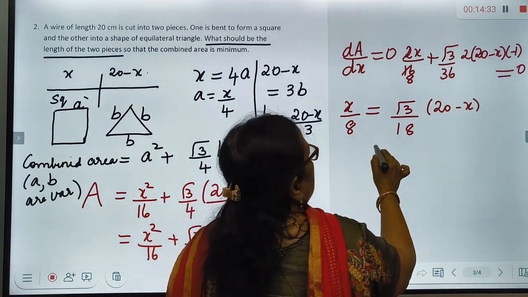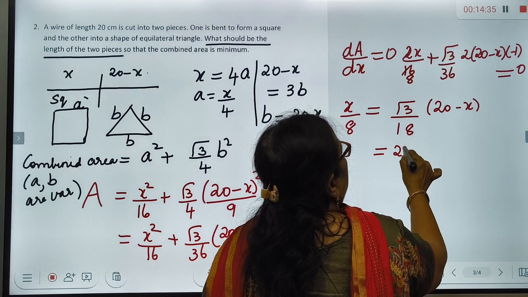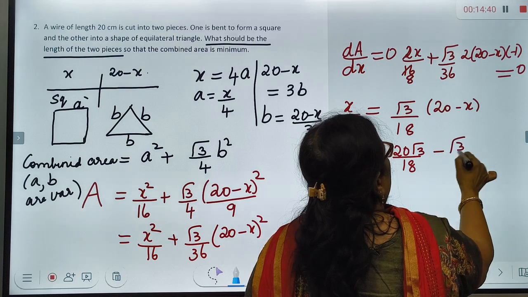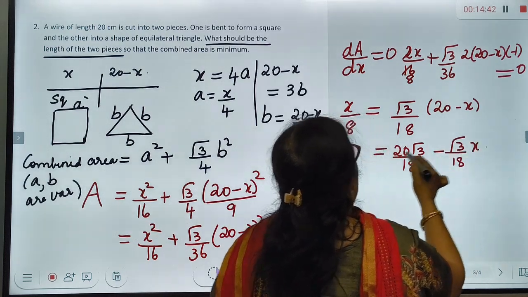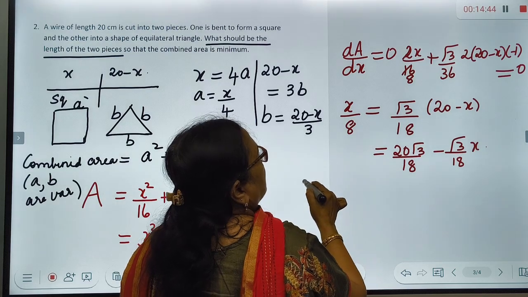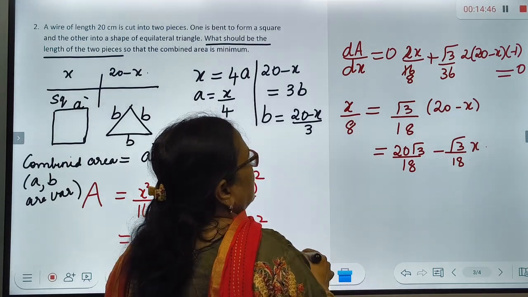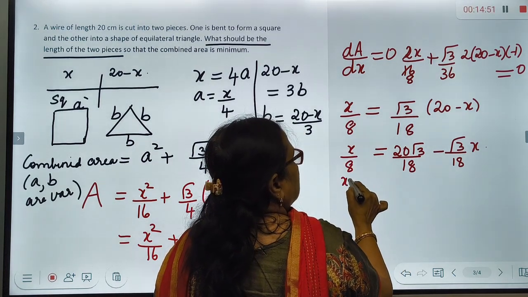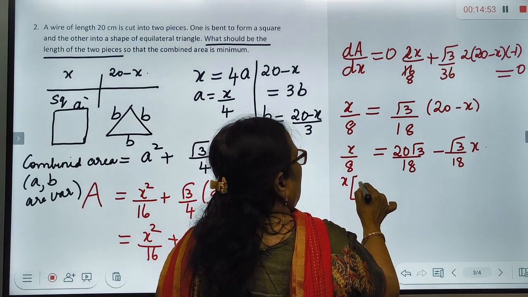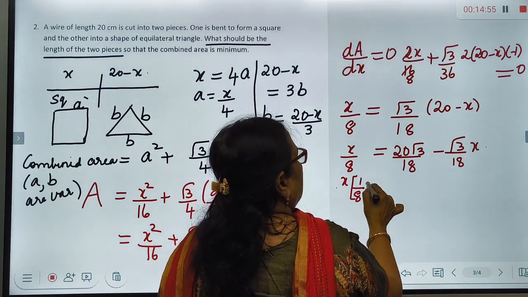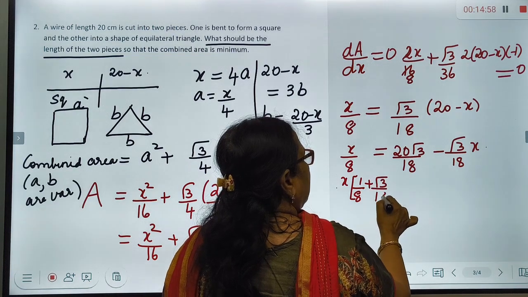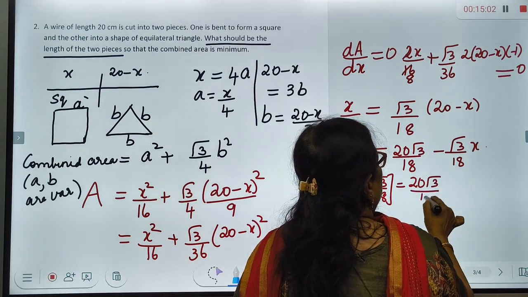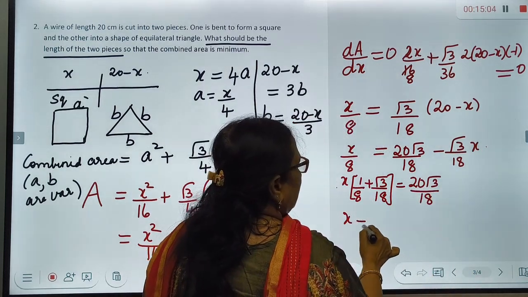Okay, so this is 20 into root 3 by 18 minus root 3 by 18 into x, equal to x by 8. So x plus x into 1 by 8 plus root 3 by 18 equal to 20 root 3 by 18.